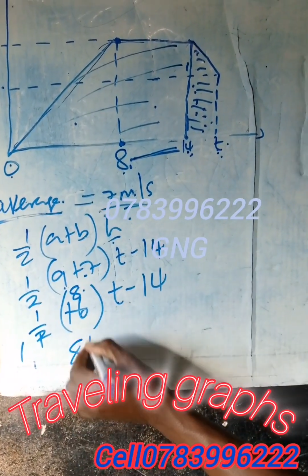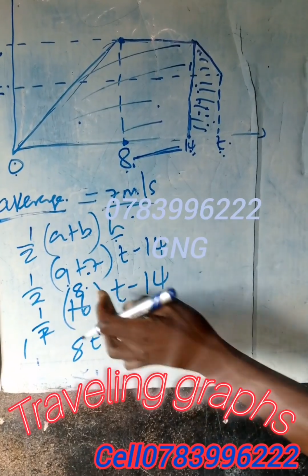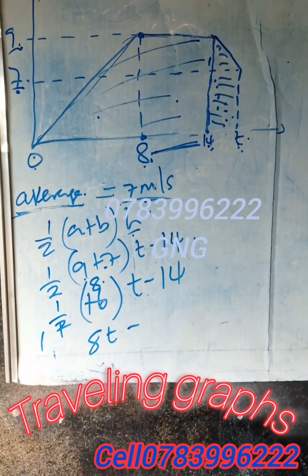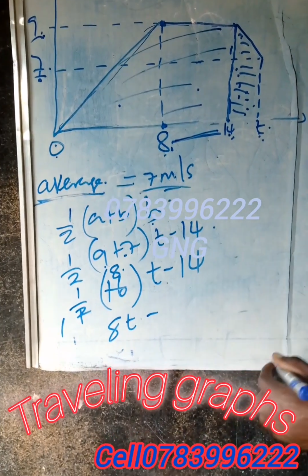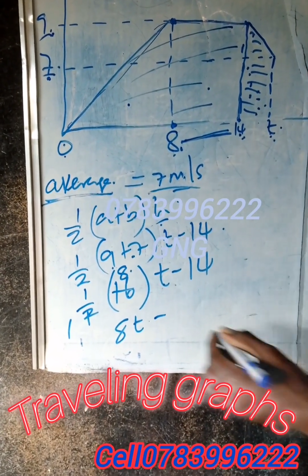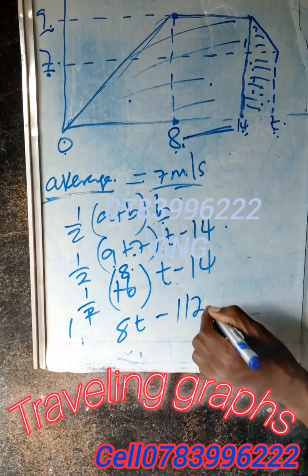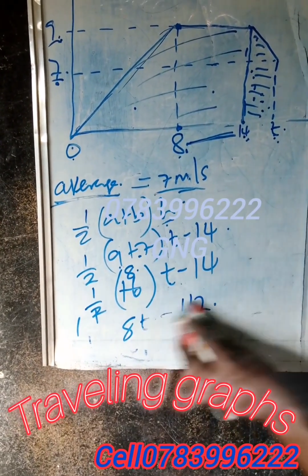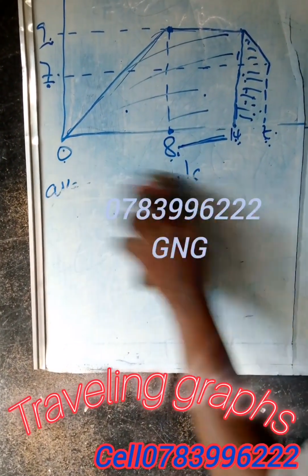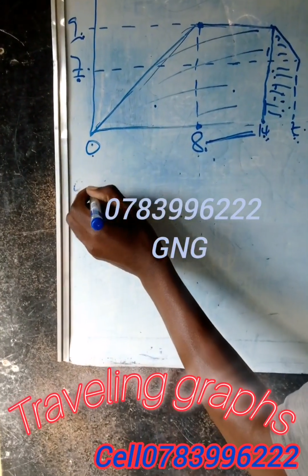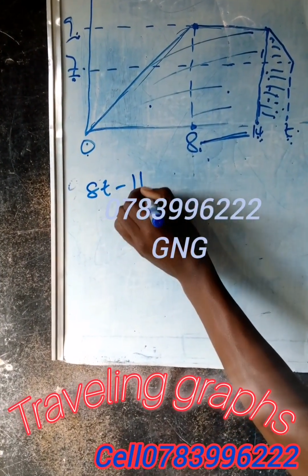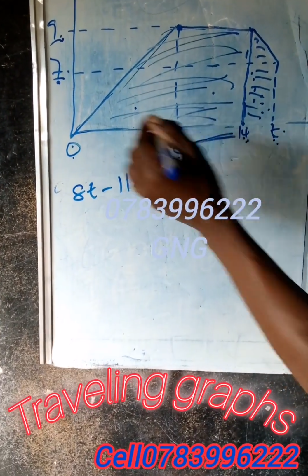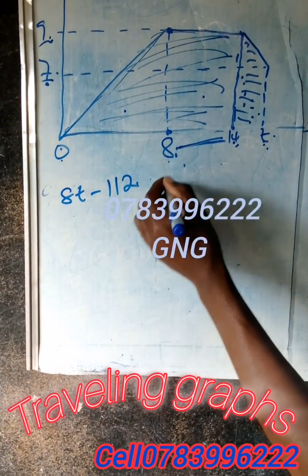8 times t, 8t. 8 times 14, we get 112. So our distance here is 8t minus 112. Then what was our distance here? Our distance here was 90.